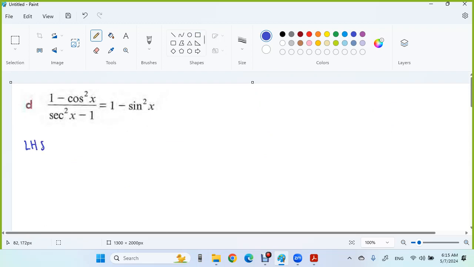The left hand side is this. Then we have 1 minus sine square.